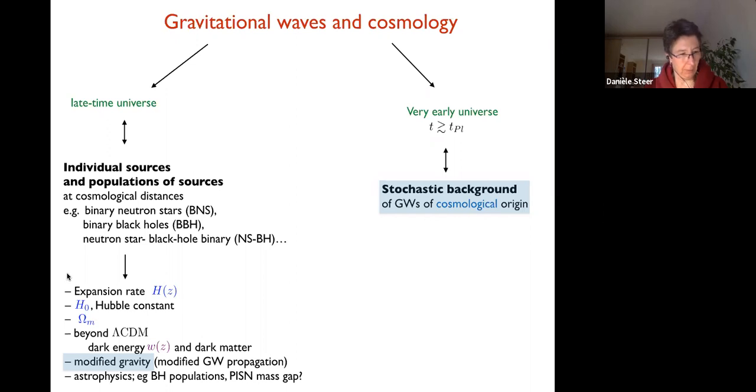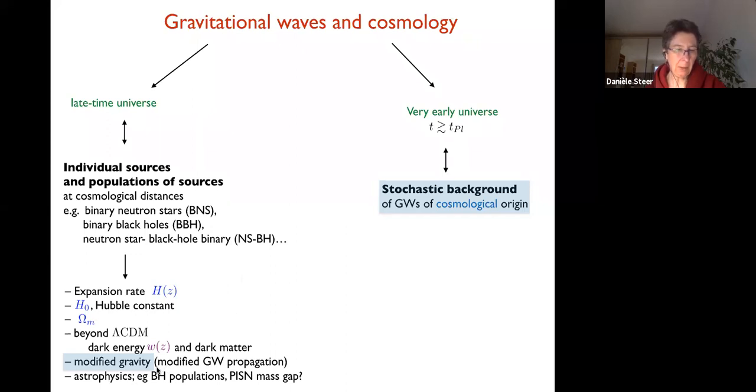And so again, just to repeat, the idea was that from the waveform, which is proportional to 1 over the luminosity distance, you extract the luminosity distance to your source. From an electromagnetic counterpart, just to be simple, let's assume there's an electromagnetic counterpart, you measure the redshift, and so from those two, you can extract the Hubble constant. But the assumption was that general relativity is the correct theory of gravity.